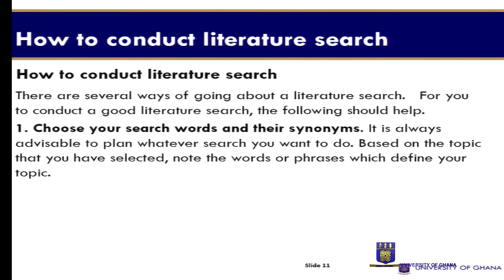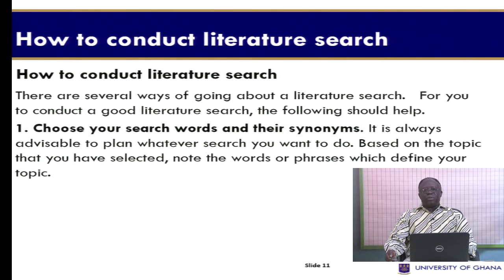So in brief, literature search is a well thought out and organized search for all the literature published on a topic. A well-structured literature search is the most effective and efficient way to locate sound evidence on the subject you are researching. How do you conduct literature search?